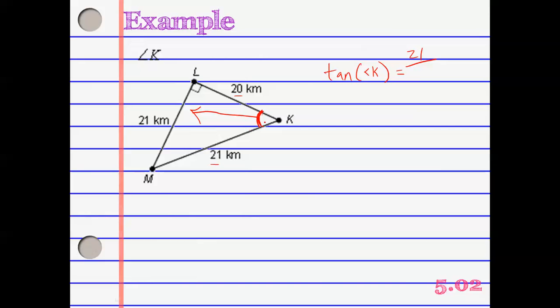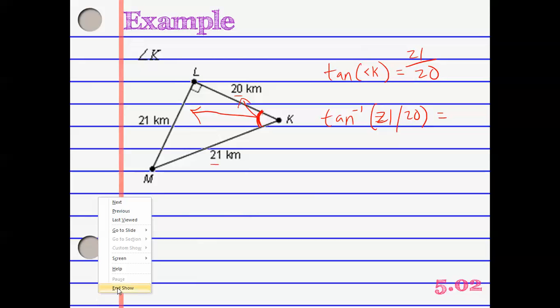So the adjacent side is going to be 20. So inverse tangent of 21 over 20 is going to give us that angle.